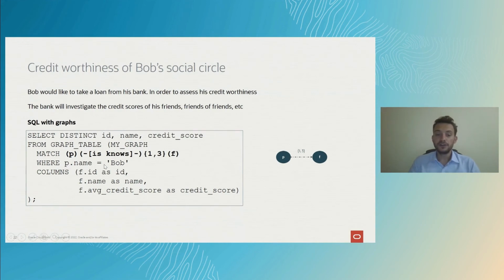We can put a condition on the name of the originating vertex, here Bob, and then once we find the vertices F, the friends, we can project their name and credit scores so that the bank can investigate them. Right? Schematically, the match pattern we have described here, you can visualize it on the right side of the screen.